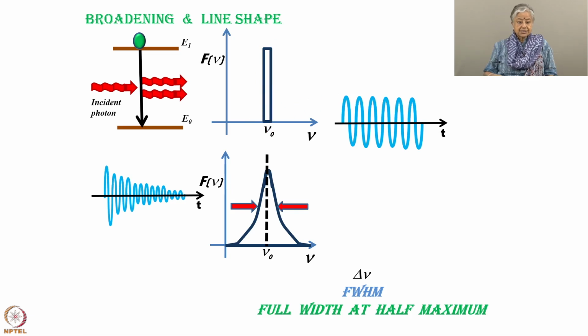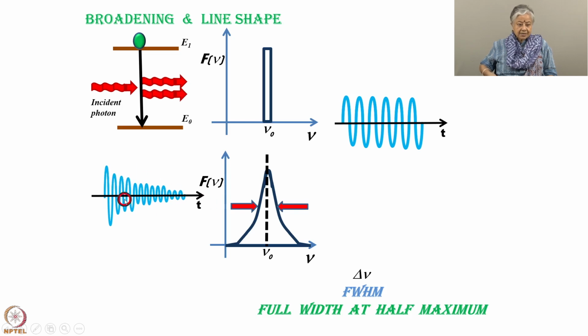Now, what can happen is, as the radiation is being emitted here, spontaneous or lasing action, anything, it will undergo certain changes as it comes through. That means the amplitude of this radiation will become lesser and lesser.